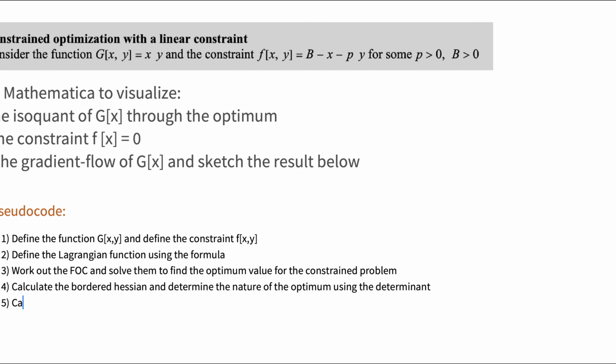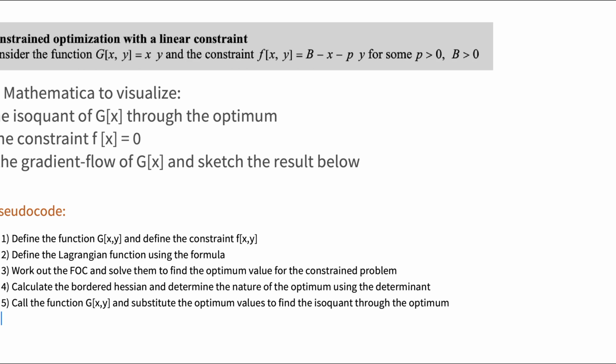Step number 5 would then be to call the function g of x, y again and substitute the optimum values to find the isoquant through the optimum. Step number 6 would then be to draw the constraint and the function g of x, y using the contour plot command.